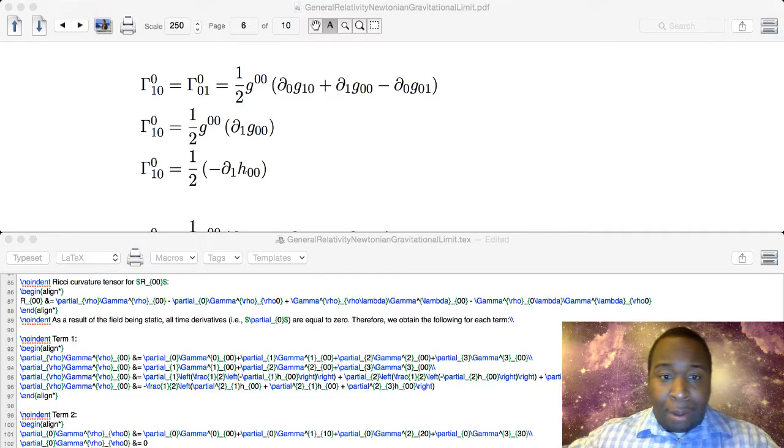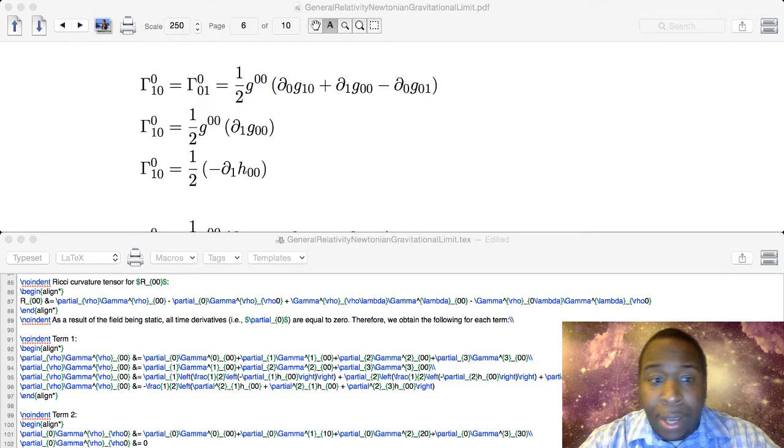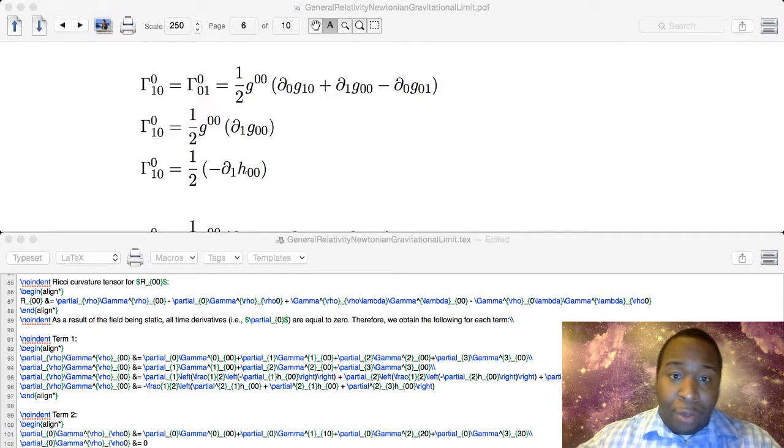I've completely left them out, and I'm focusing strictly on the g superscript 00 term and looking at its partial derivatives. I see automatically that two of those partial derivatives are with respect to the zeroth coordinate. I can ignore those automatically, and I'm left with just the partial derivative with respect to the first coordinate of g00.